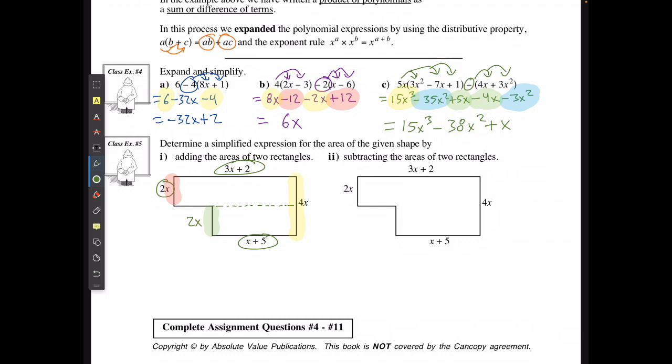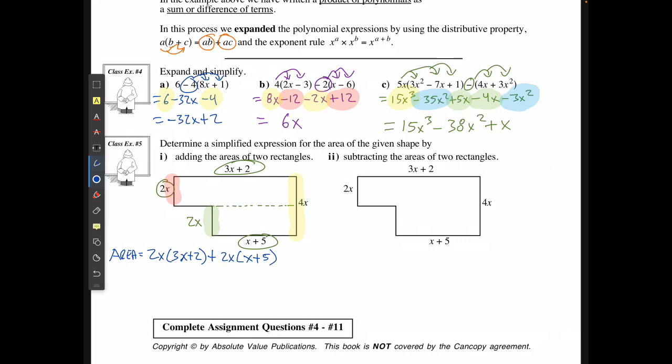Based on that, now I can say that this would be the top rectangle, 2x times 3x plus 2, combined with the bottom rectangle, 2x and x plus 5. And then we're just going to do the same process we did up on the top.